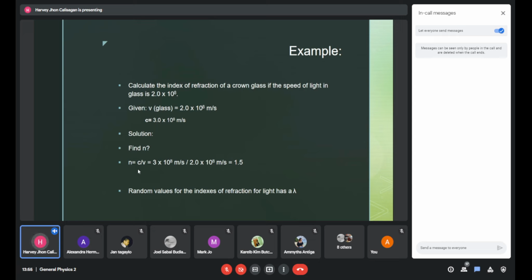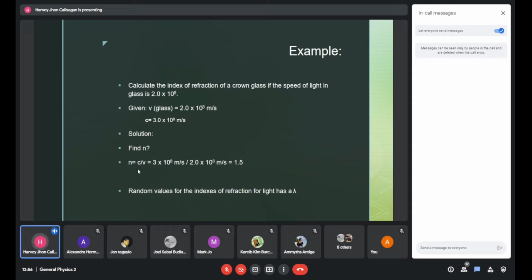So the different values for the indexes of refraction of light depend on its wavelength. Okay? I did not put here the different indexes of different materials because they can be searched. But remember, it doesn't mean that all materials provided on the internet really have an accurate number for the index of refraction. You can still calculate it.